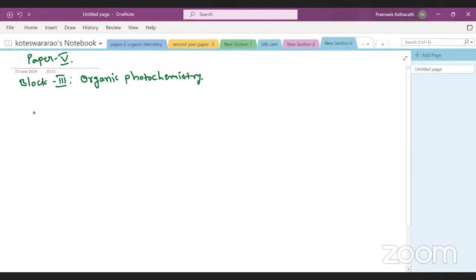Then in this we have 5 units. Unit 1, unit 11 actually in the book, is Electronic Transitions.